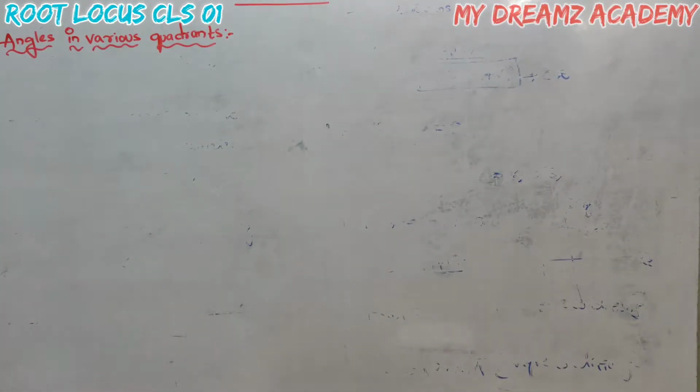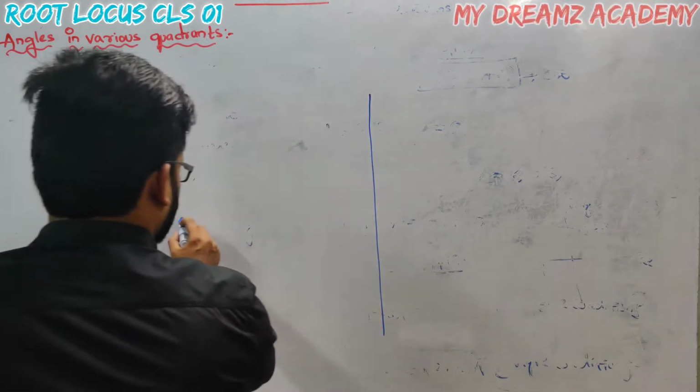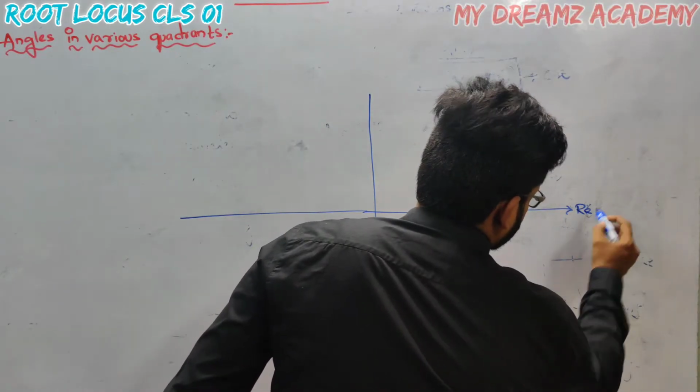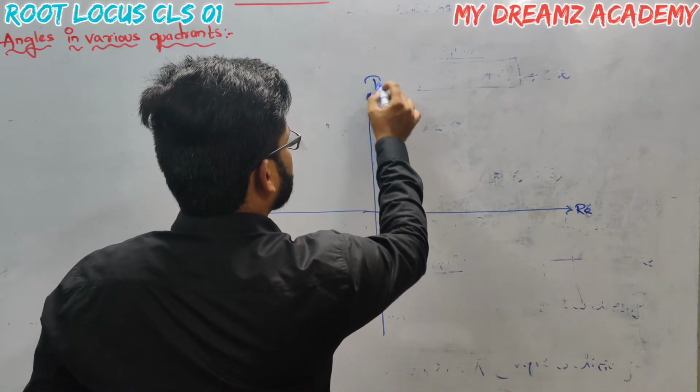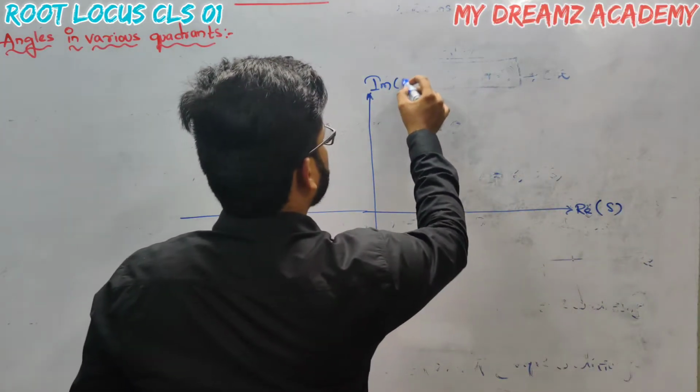Angles in various quadrants. Let us consider this is the real part and this is the imaginary part, and we are dealing in the S domain.